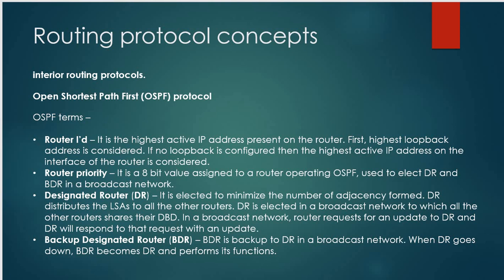Next, number 1 is the router ID, and number 2 is the router priority. It is an 8-bit value assigned to a router operating OSPF, used to elect the DR, designated router, and BDR in a broadcast network.